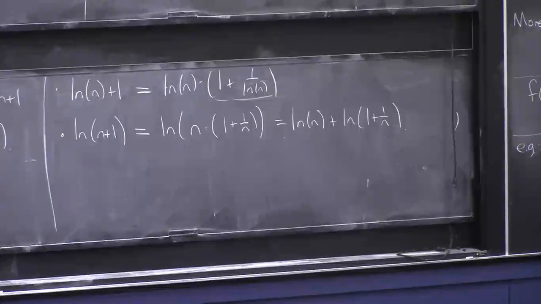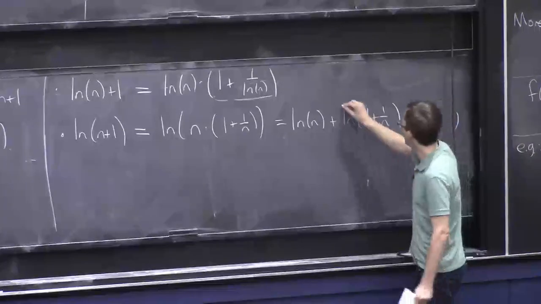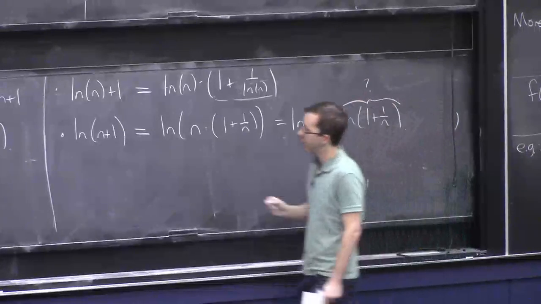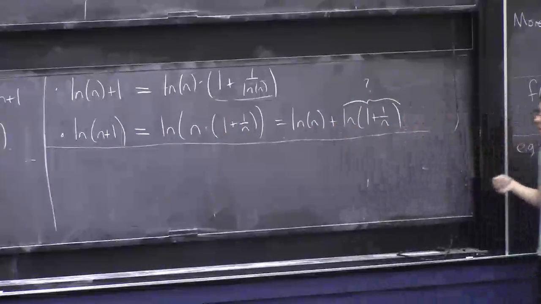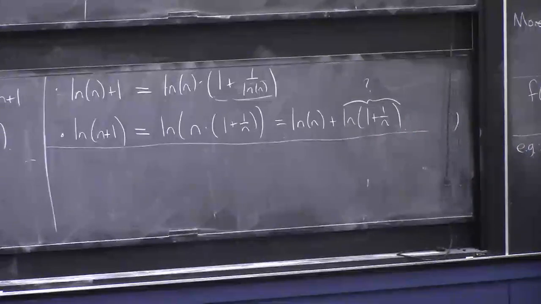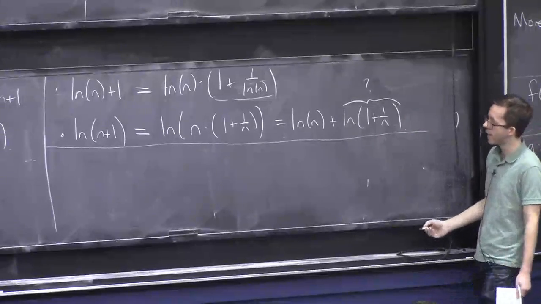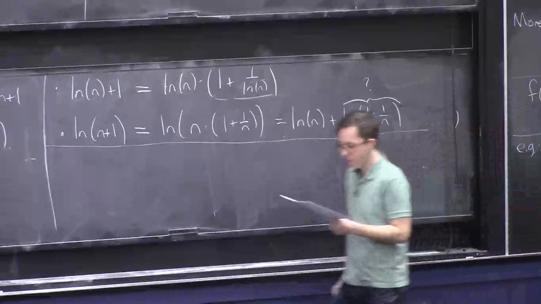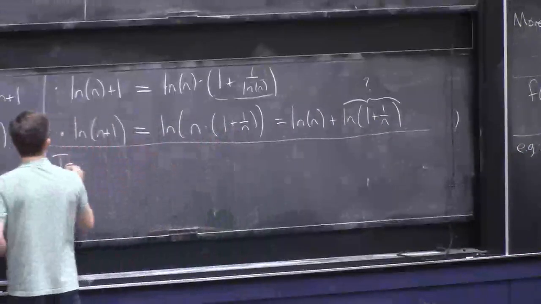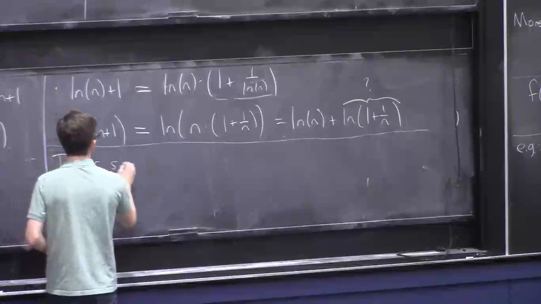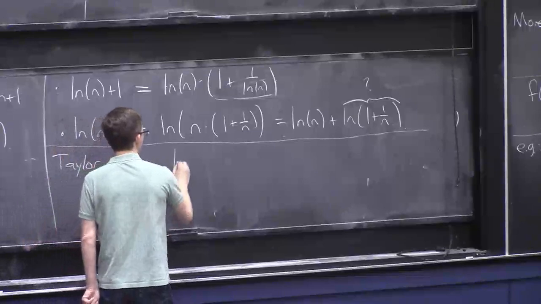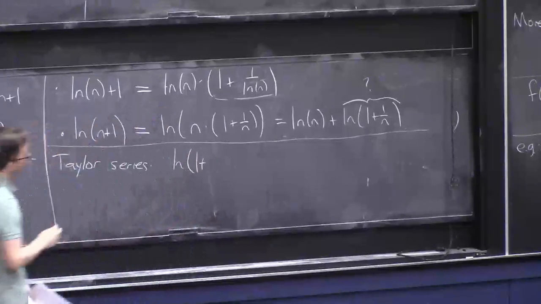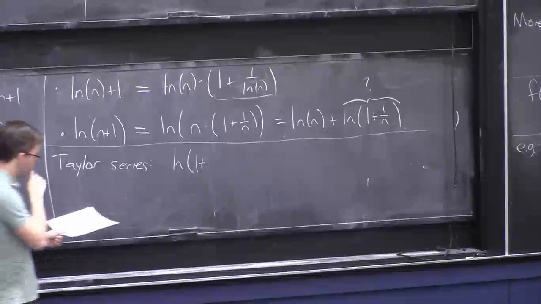But again, we might want to know how basically 0 it is. To understand this, we need a bit more calculus. So this is an opportunity to remind you of one more calculus tool that you need for more advanced asymptotics, which is Taylor's theorem. We have a Taylor series for log. You can look this up in a book or type it into Maple or Mathematica, or derive it yourself using your vast calculus knowledge.